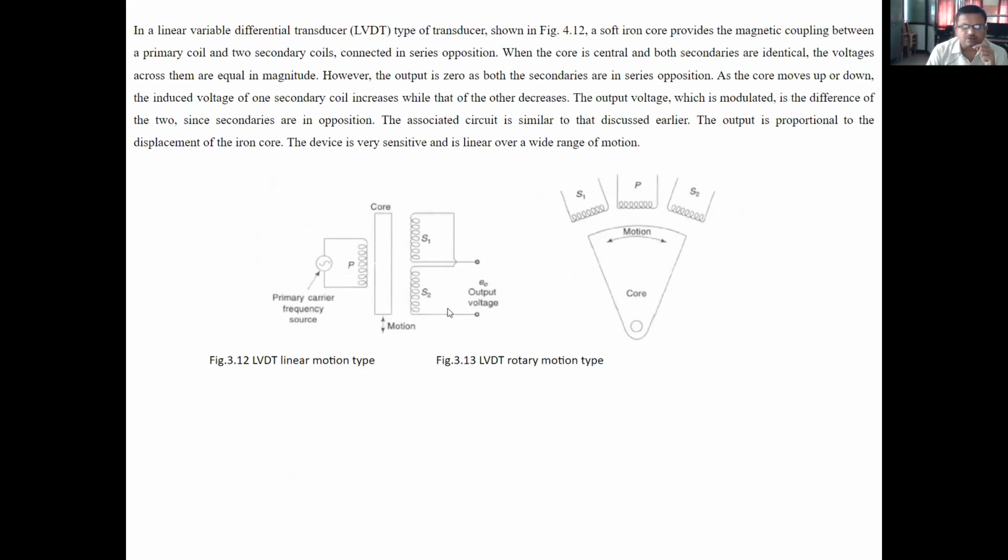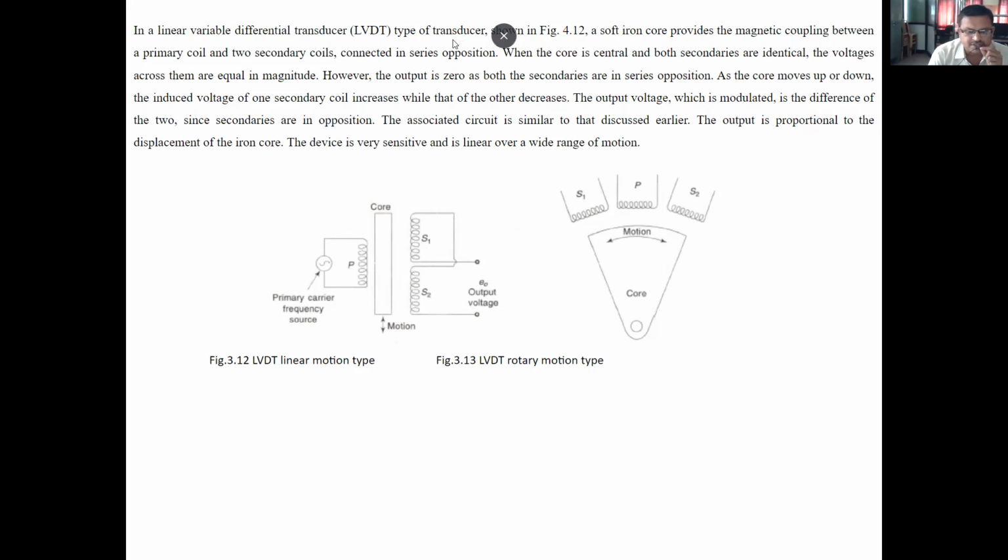The voltage induced in these two coils S1 and S2 will depend upon the portion of the core in front of these two coils. If this core moves up, the voltage induced in the coil S1 will be more as compared to the voltage induced in the coil S2.